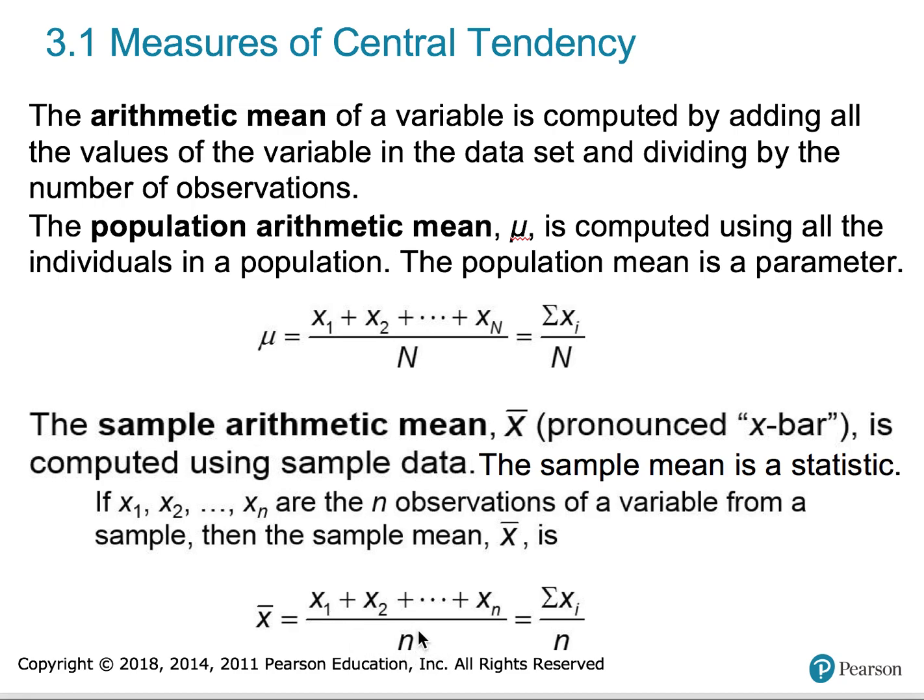Lowercase n means sample, X bar means you're talking about sample. While other types of means do exist, the arithmetic mean is generally referred to as just the mean, so that's what I'll do from here on out. And we usually use Greek letters to represent parameters and Roman letters to represent statistics.